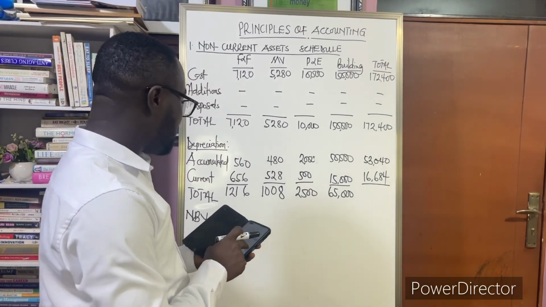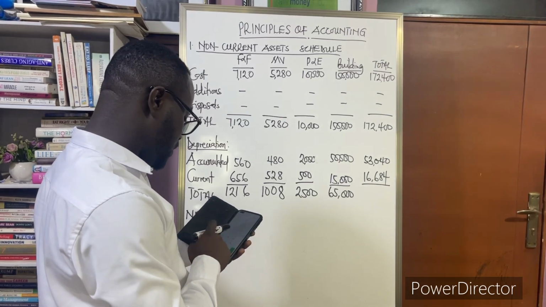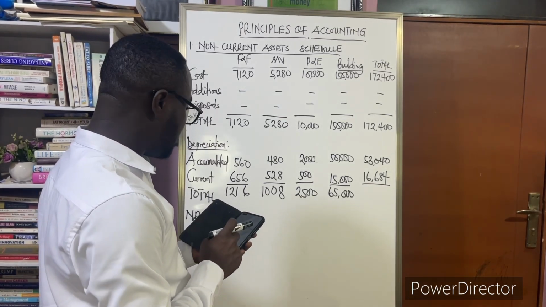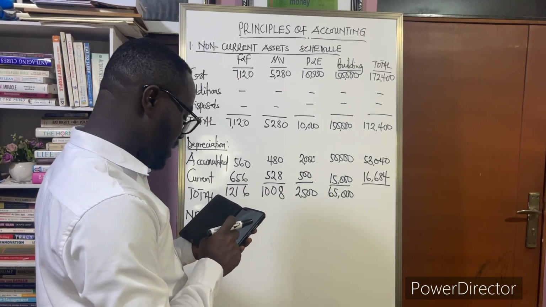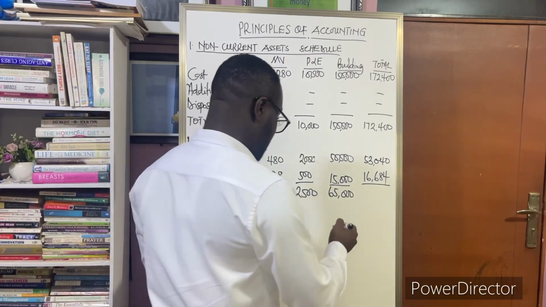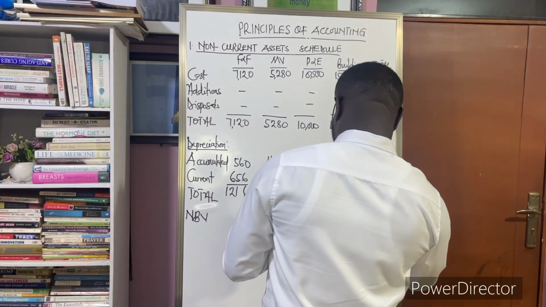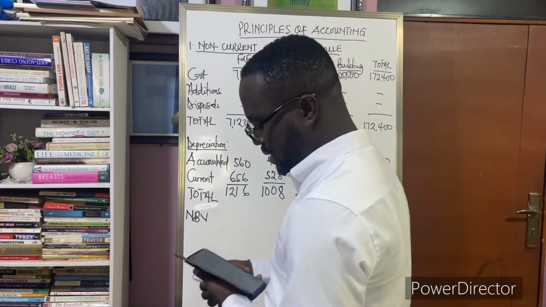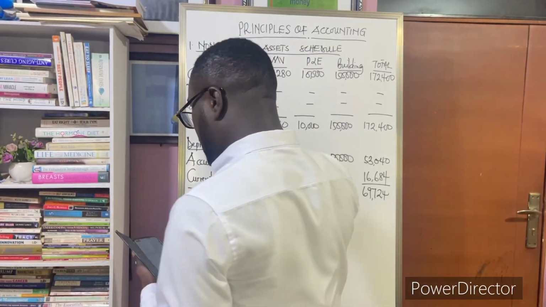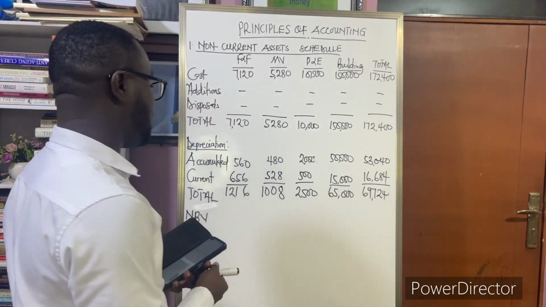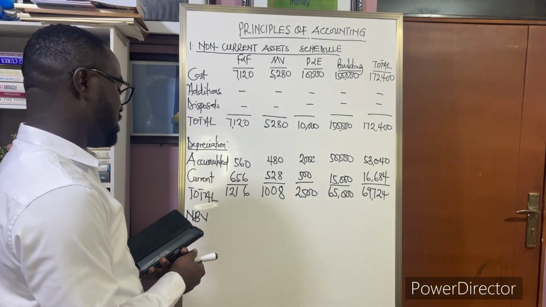So let's sum them up. 1216 plus 1008 plus 2,500 plus 65,000, making 69,724. So this is the total depreciation consisting of the accumulated depreciation and the current year's depreciation.